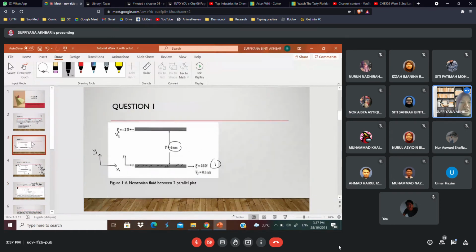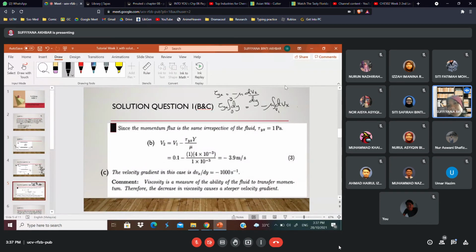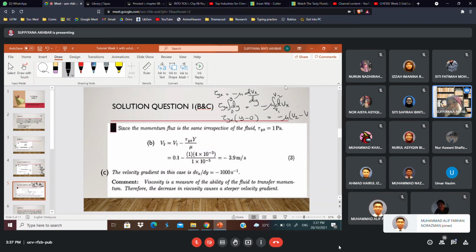Therefore our range is from V1 to V2. Integrating, it becomes y minus 0 and negative mu (V2 minus V1).